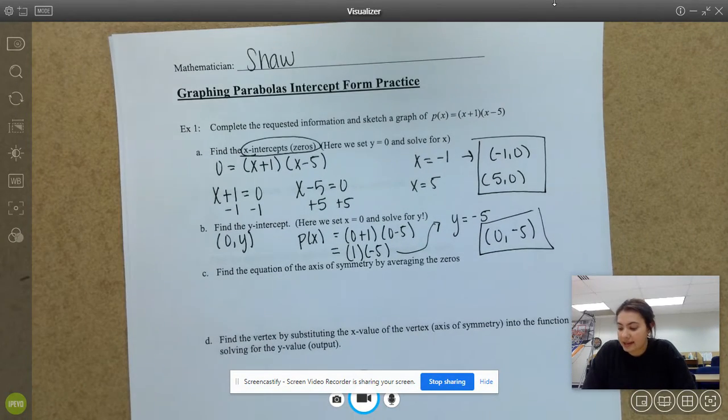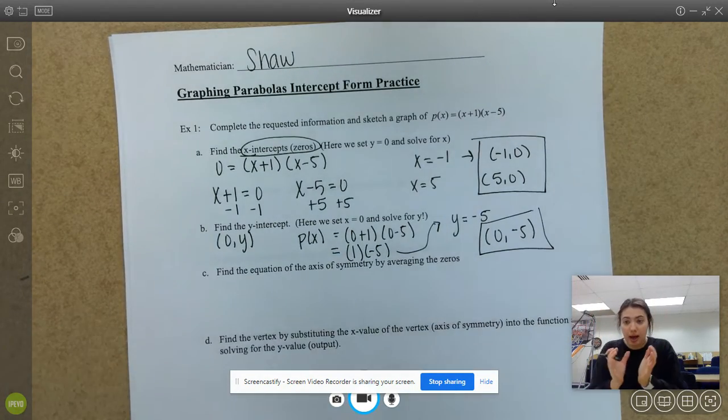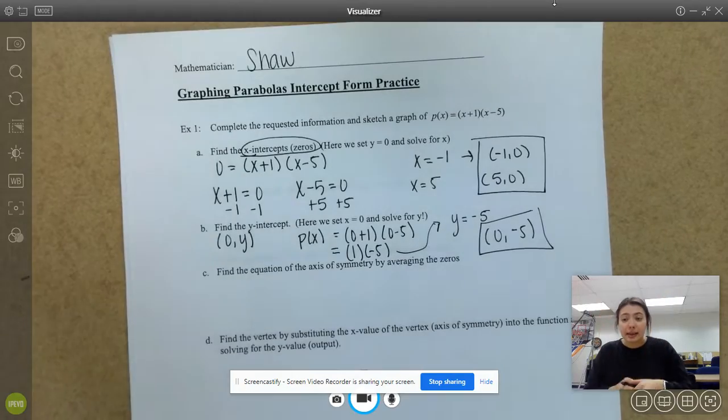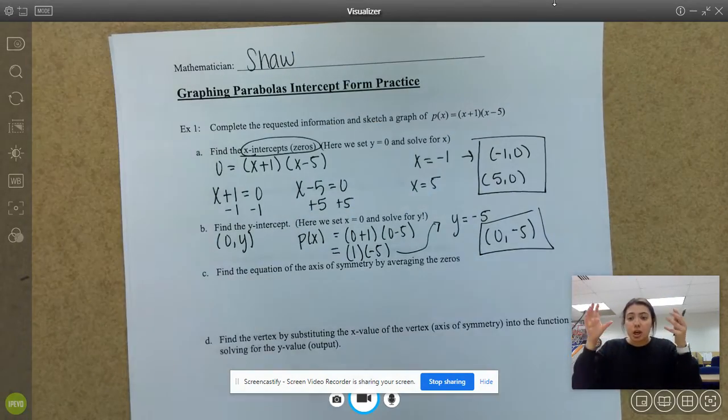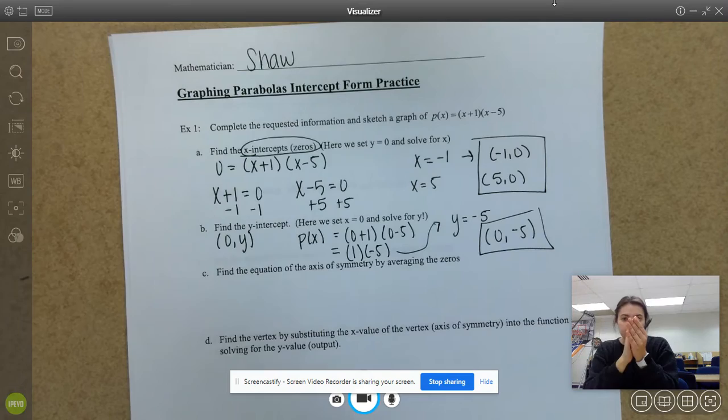For part C, it asks us to find the equation of the axis of symmetry by averaging the zeros. The axis of symmetry is what cuts your parabola in half and makes it symmetrical.